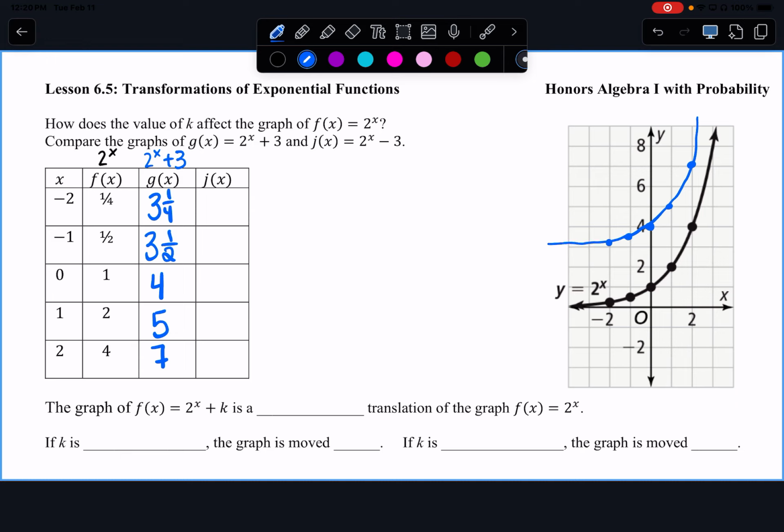Now, when we draw this, based on how that graph looks, is that right there still our asymptote? No. Where would our asymptote be now? 3. So let's draw a dashed line on here as our asymptote.